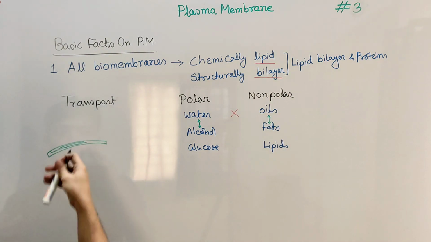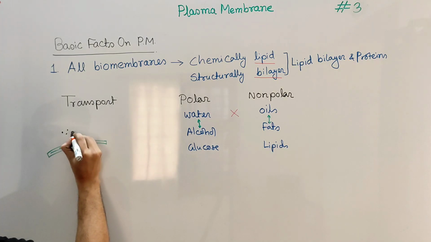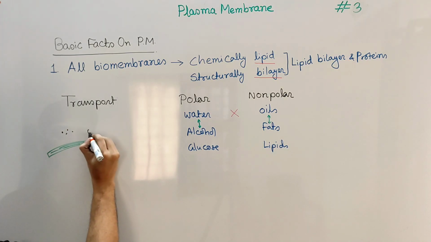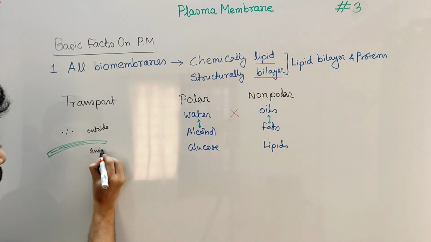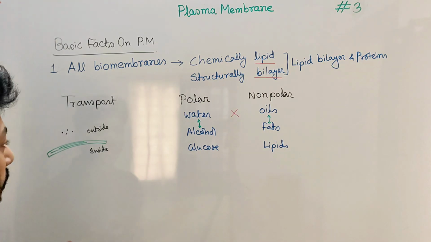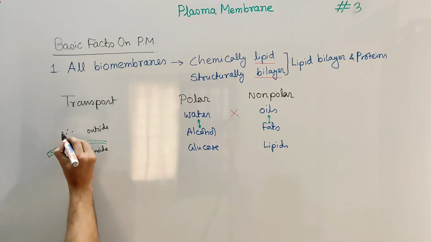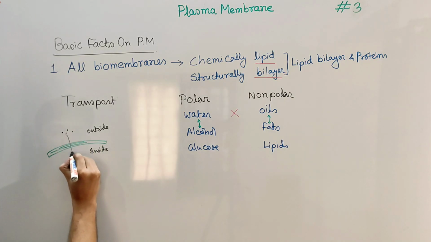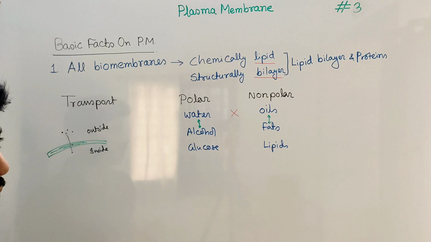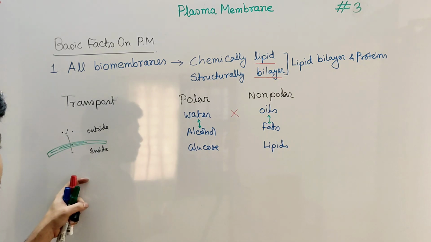Let's suppose this is a non-polar molecule present outside of the cell, and this is the outside of the cell and this is the inside of the cell. Overton argued that for a molecule to enter inside the cell, it must first dissolve in the plasma membrane, then it can come inside the cell.